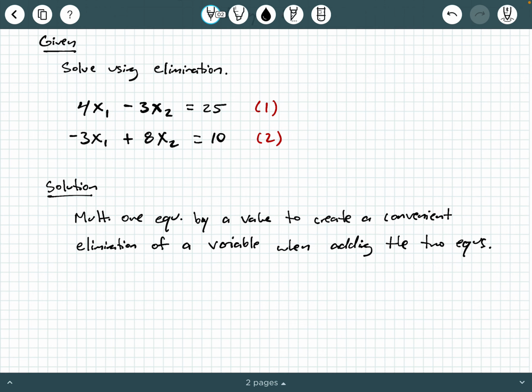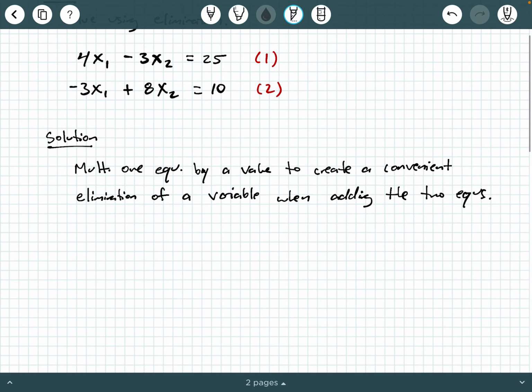Now, what's cool about this is you don't always have to do it to just one equation. You could do it to both equations if you want, okay? So here's what's interesting about this. If you want to avoid dealing with fractions, we can make this little amendment, okay? So to avoid fractions, consider this.